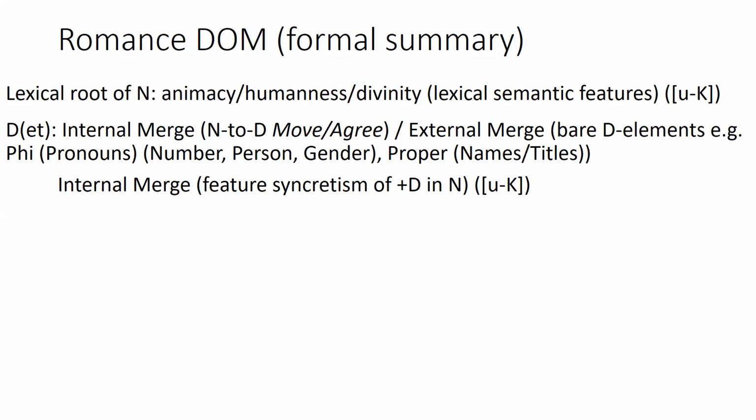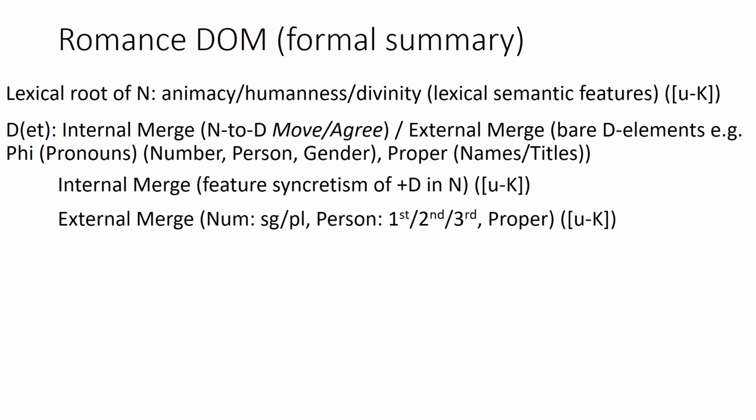This will become clearer later on, but the internal merge, i.e. moving a noun to D, which may trigger DOM, requires some kind of feature syncretism of the D in N. So it's a lexical noun, an N element, but it has a D feature which triggers it not only to move or agree with D, but also to trigger DOM. So uK here may be parasitic on some kind of feature syncretism here.